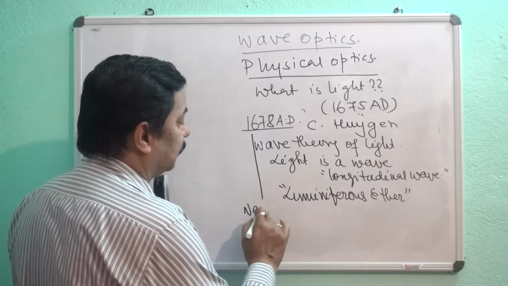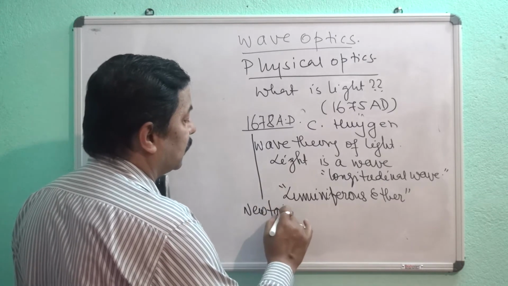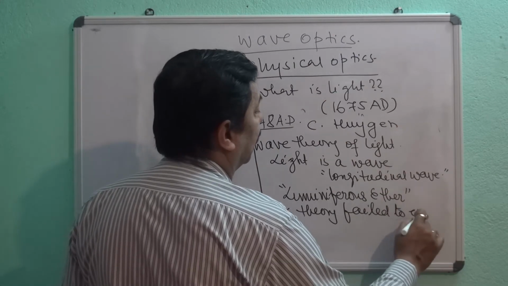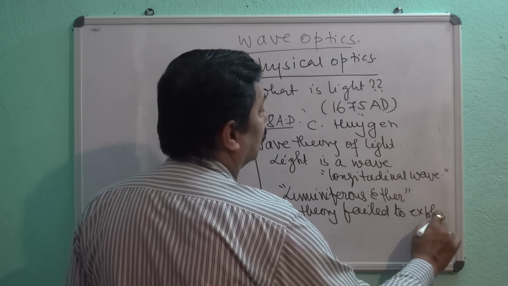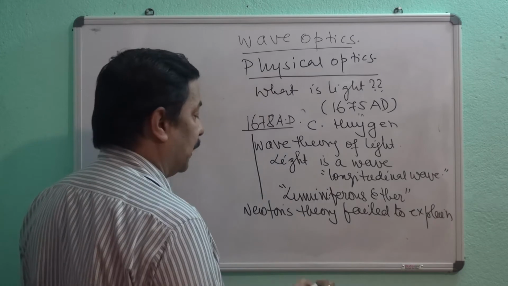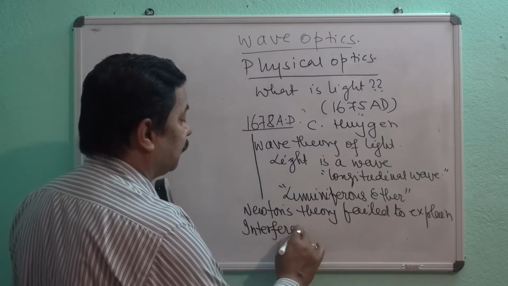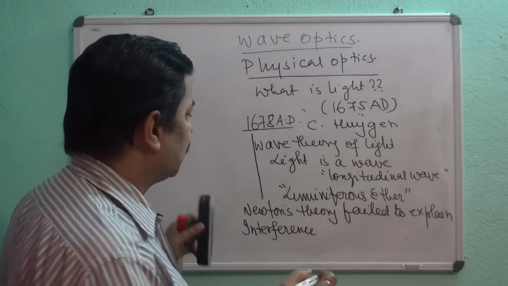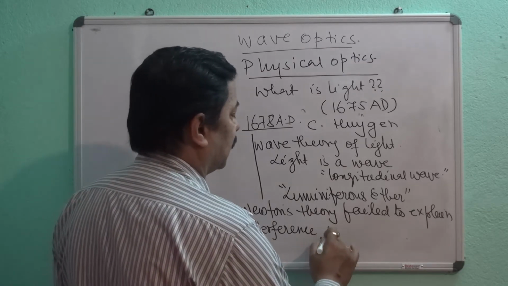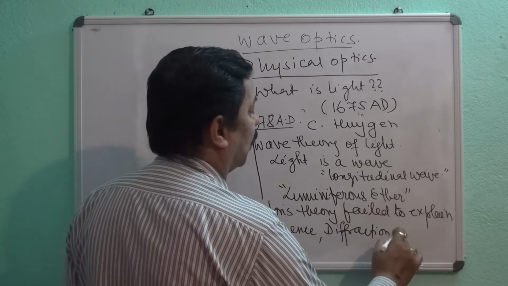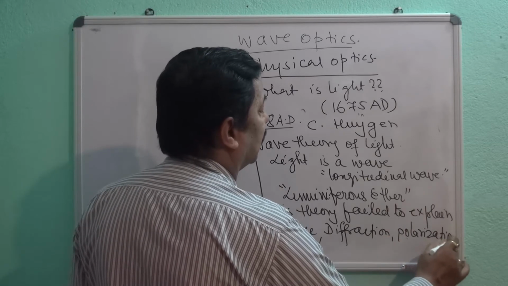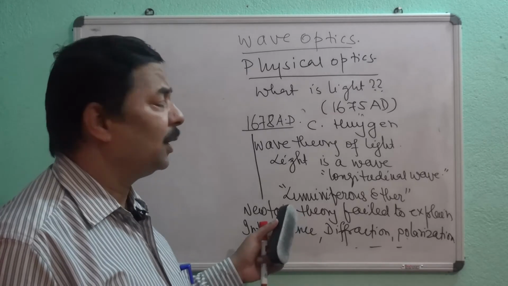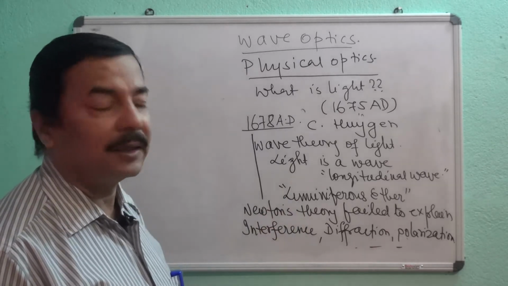Newton's theory failed to explain interference, which is a phenomenon of light, diffraction, polarization, and some other phenomena.